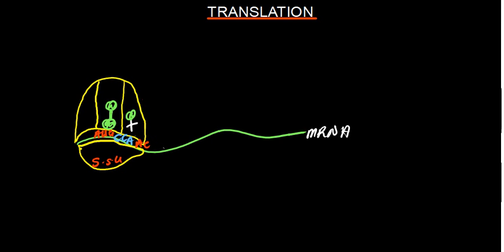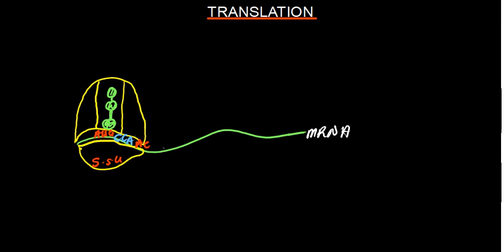Then peptidyl transferase is now going to transfer this amino acid from the A site to the P site, because it is in the P site where the polypeptide chain grows, linked through peptide bonds there. So that is now going to be our third amino acid, just like this.